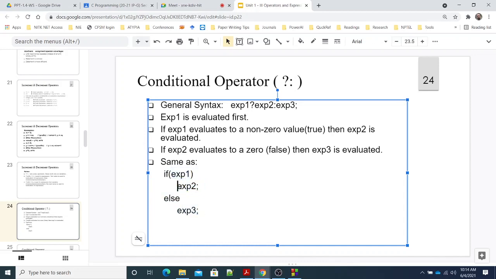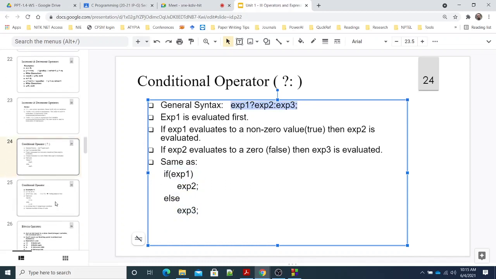So if this is true, this is executed. If this is false, this is executed. So the whole thing I can express in one line using a conditional operator. This is without using the conditional operator. Here it is with using the conditional operator. Clear?